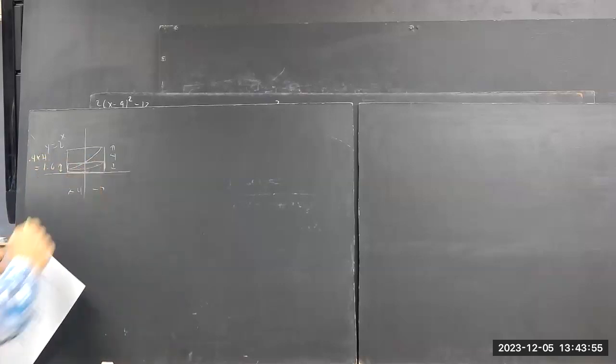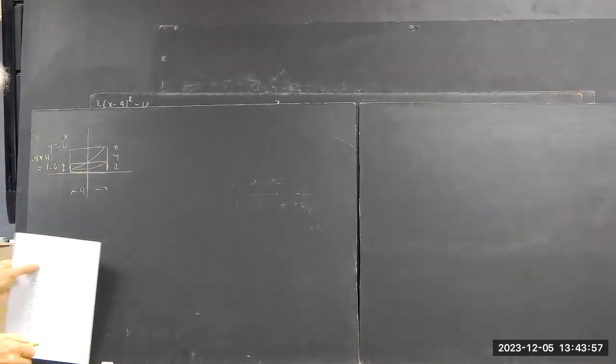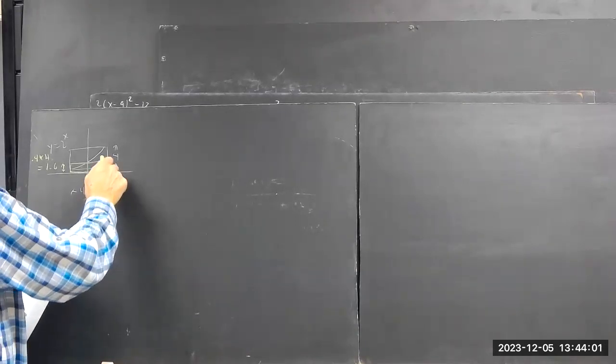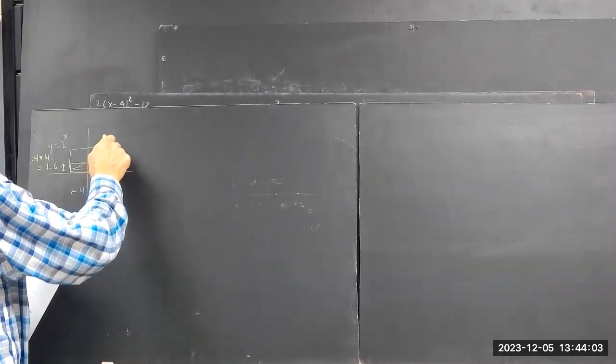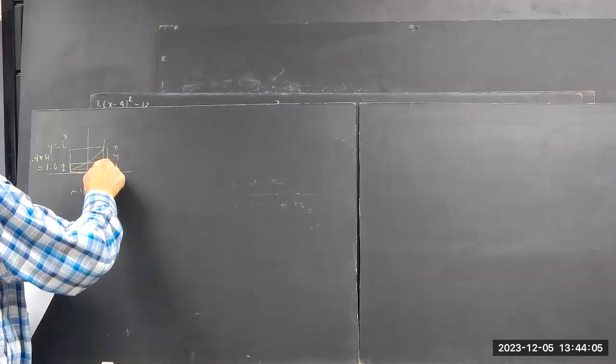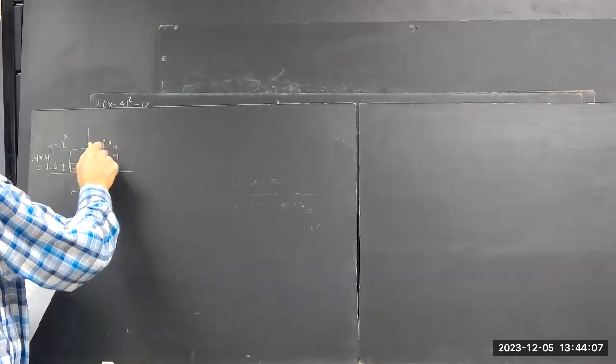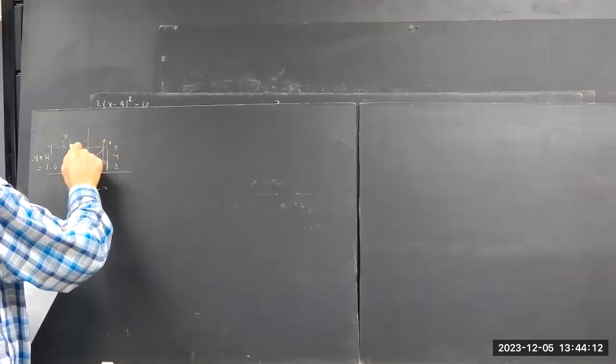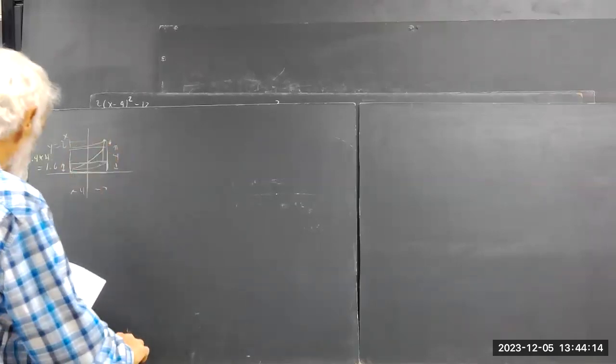It's 0.4 times 4. And then we raise it up 4 units. So we take this whole rectangle and raise it up 4 units. Turns out it's going to be there. And there's our function.